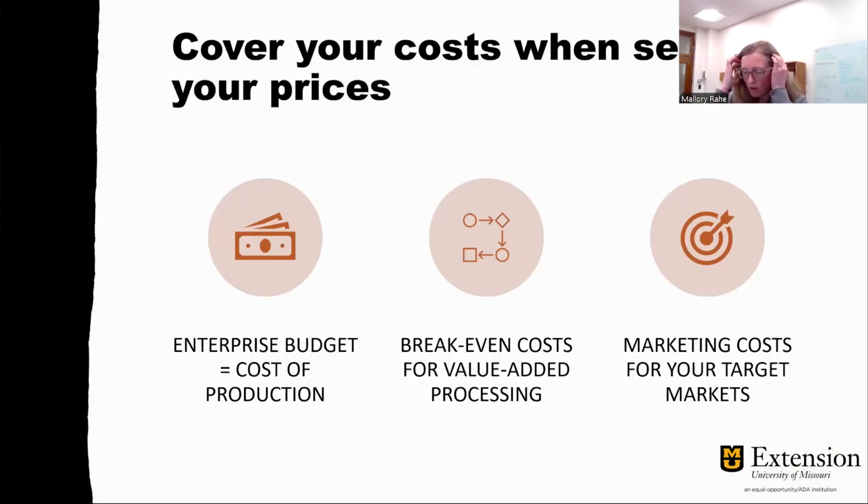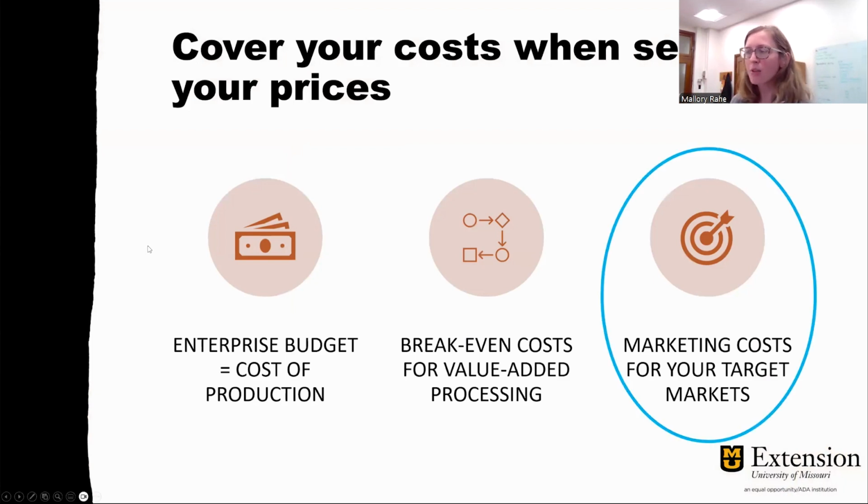So I want you to understand that today we're really talking about this very last piece of understanding how to cover our costs when we're setting prices. You've heard about enterprise budgets last week from Katie Nooner. That's really looking at the cost of production.